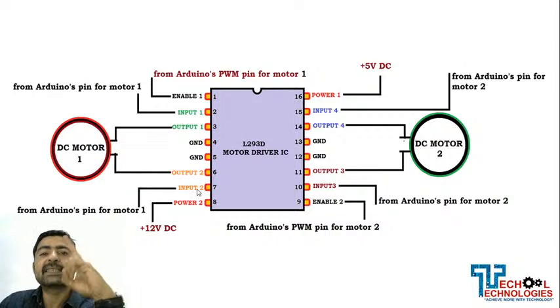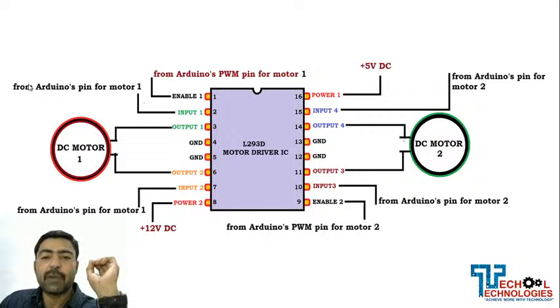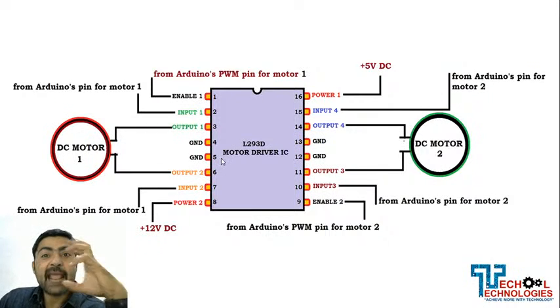This driver IC can operate two motors at one time. So you can connect two motors with this driver IC, and you have inputs which will be connected to Arduino output pins. Then, since we need to drive this IC, the power pin, which is pin number 16, will be connected to 5 volt DC.